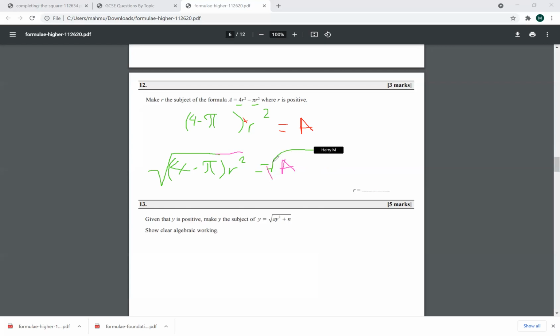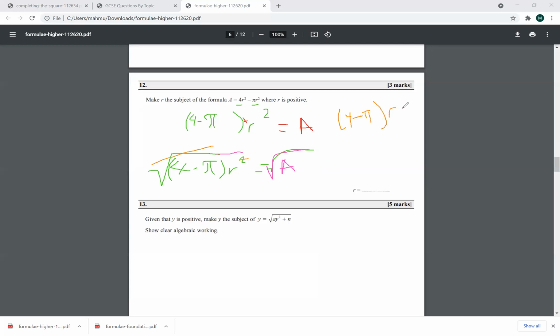So that's fine. Now, I'm going to show the examiner this cancels out this square root. So now I'm left with 4 minus pi times R equals square root of A, right?